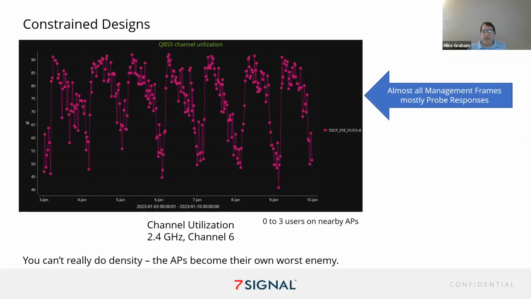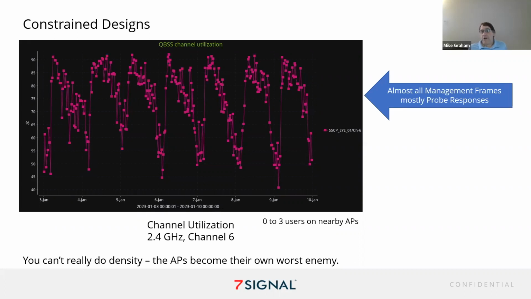On 2.4 channel 6, you can see that in the early hours of the mornings it gets as low as 40-45%, and during the midday hours every day it's over 90% channel utilization.